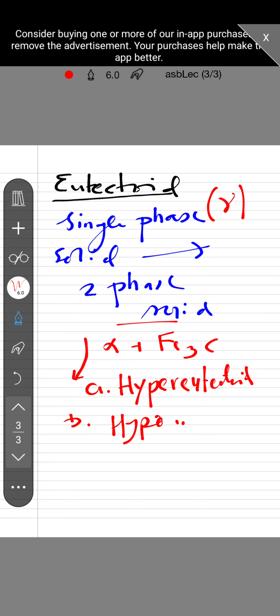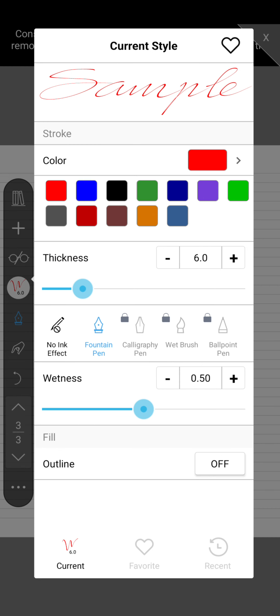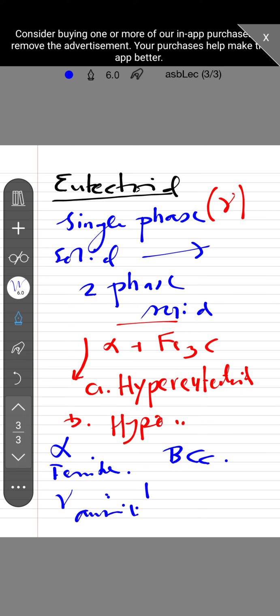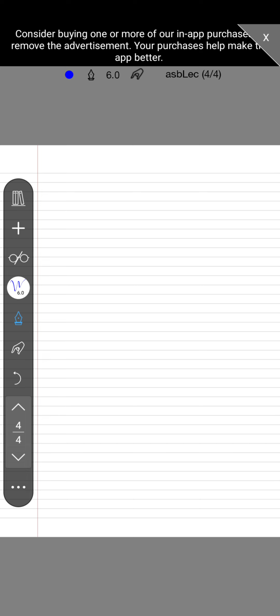Now this alpha, the ferritic phase that we recently discussed, also known as alpha, has a BCC structure, whereas austenite has an FCC structure. We have other phases of iron as well, like delta iron, which is again a BCC phase.